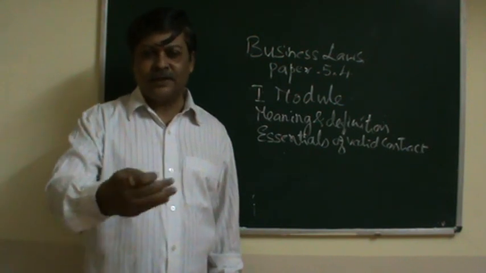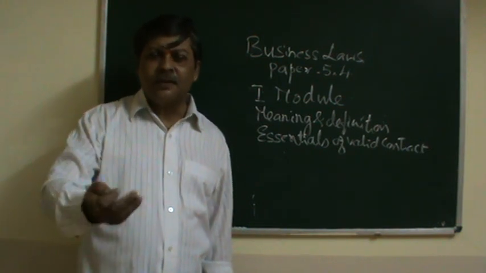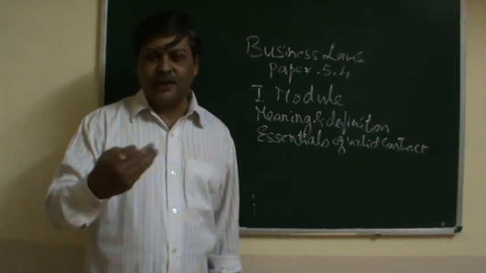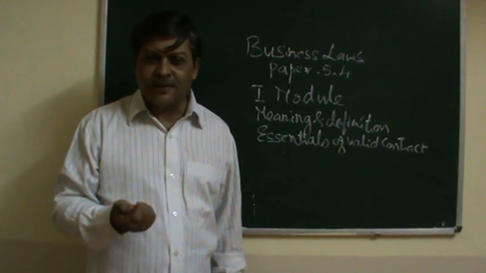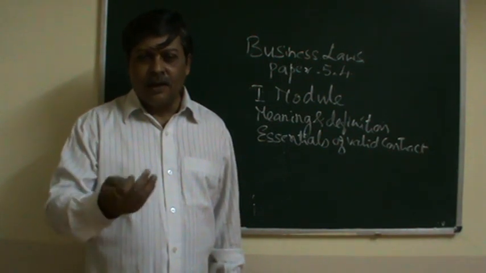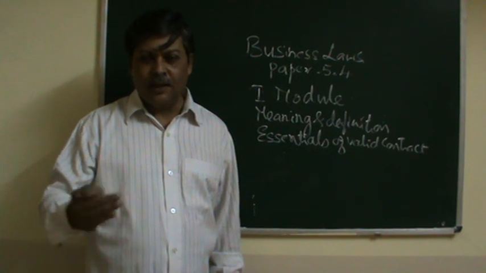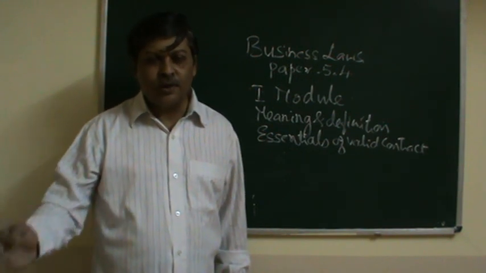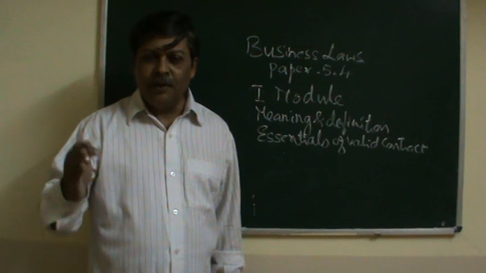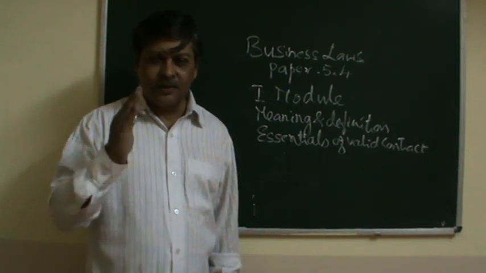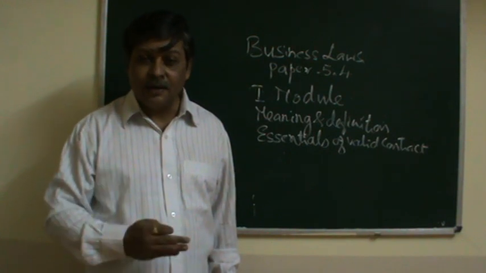For example, as I mentioned, a contract means an agreement, which is just a layman's definition. I'll give you one example. A makes a contract with B that B should shoot C, and A will pay B 10 lakhs. Now the agreement is there.